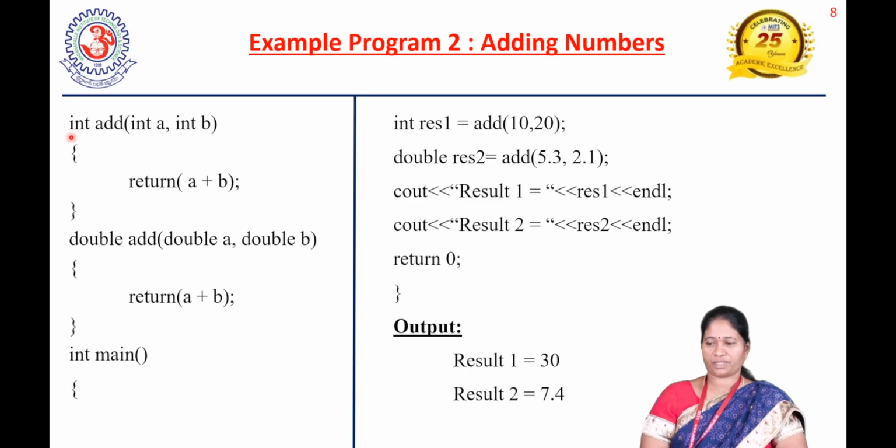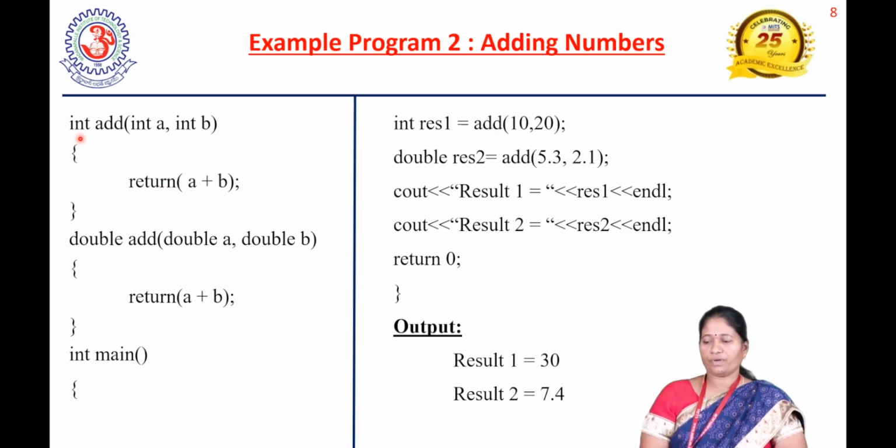Here I am using the return type integer, with the function name add. The same thing, I am using two arguments, integer a and b. Here you are adding these two variables. After adding, you return the value we added, so we have to return to the main function.